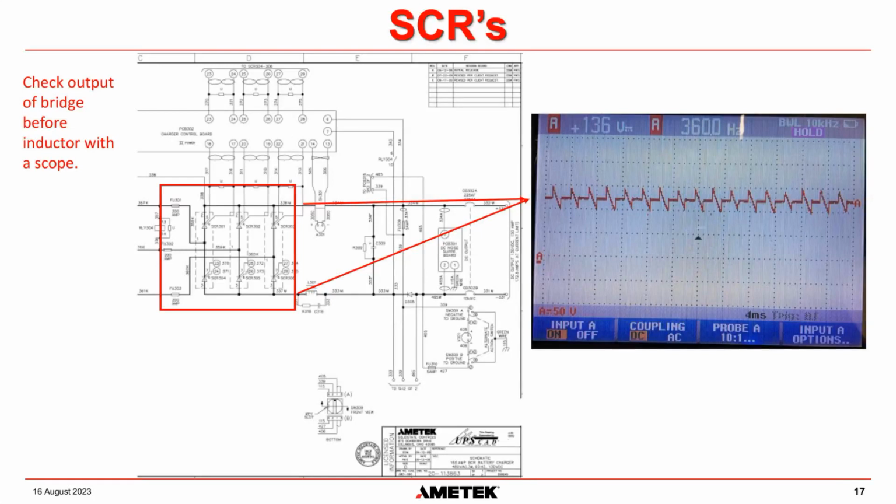The important thing that you're looking for is this: for a three-phase fully controlled rectifier, you should have 6 pulses every 60 hertz, and 6 times 60 equals 360 hertz.